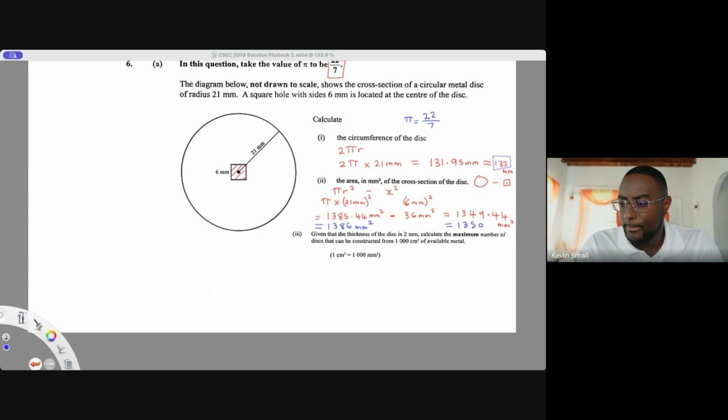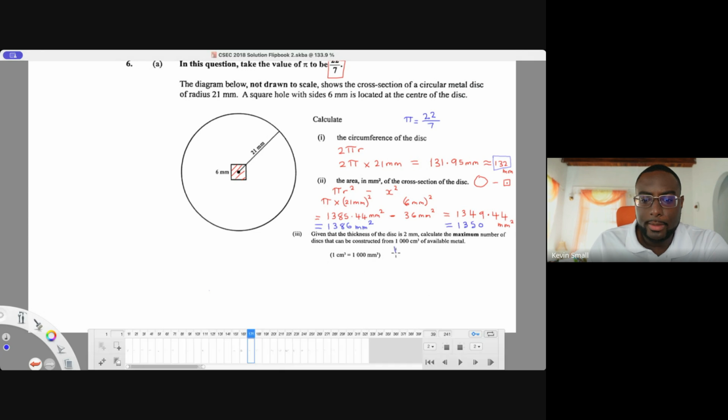All right, let me assist you with the logic in this question. So remember volume. Volume, V for volume, is always cross-sectional area multiplied by some other unit, in this case thickness.